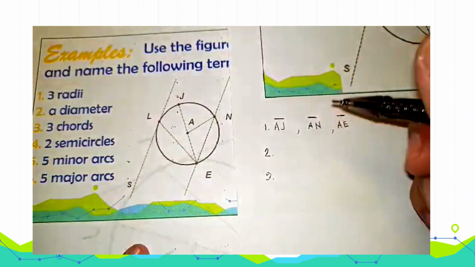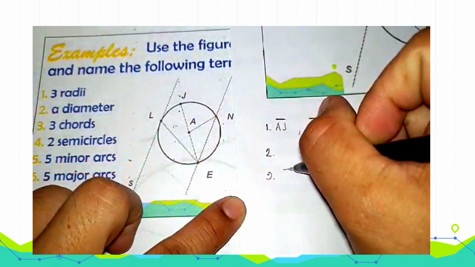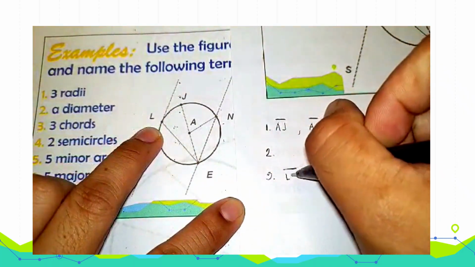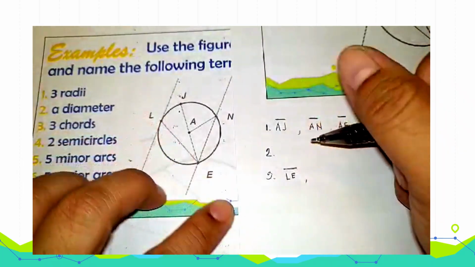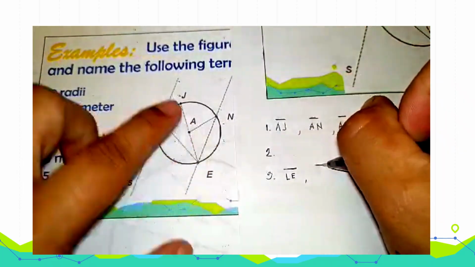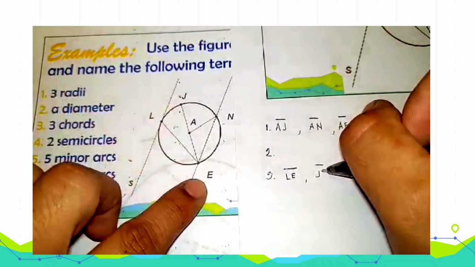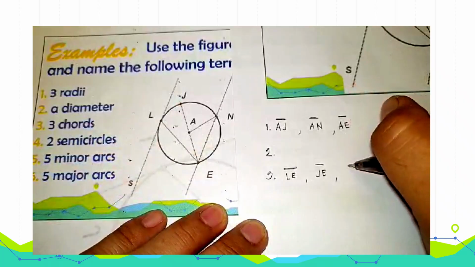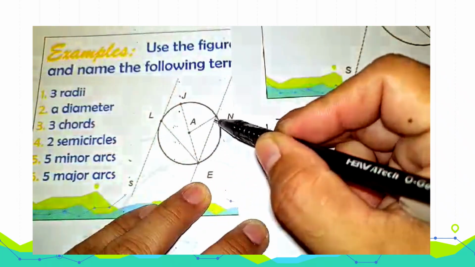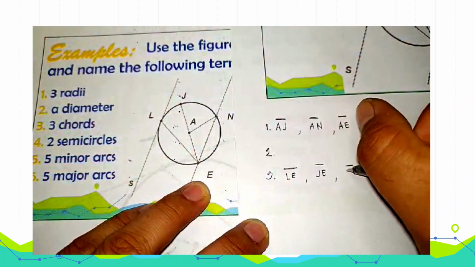So how do we write it? We will have segment LE, segment JE. The endpoints are on the circle. And segment EN.